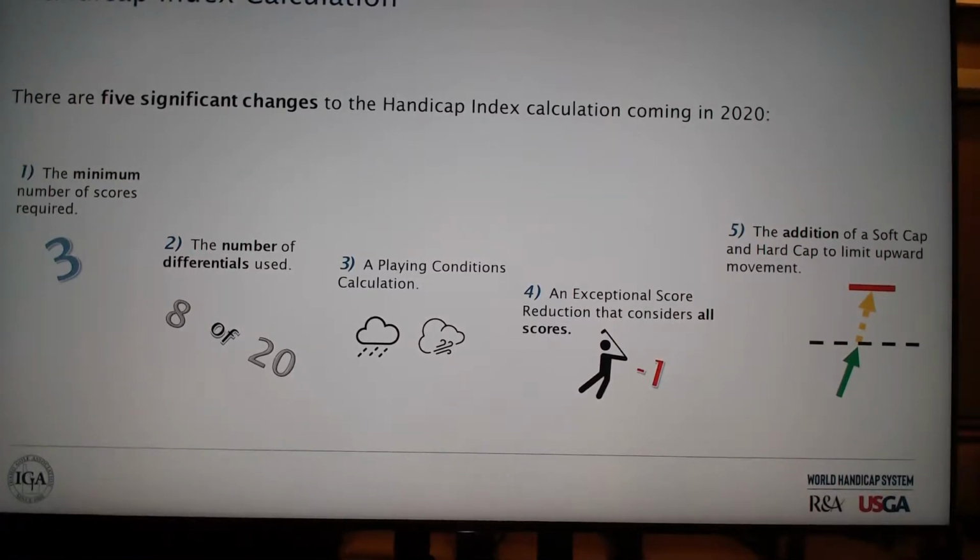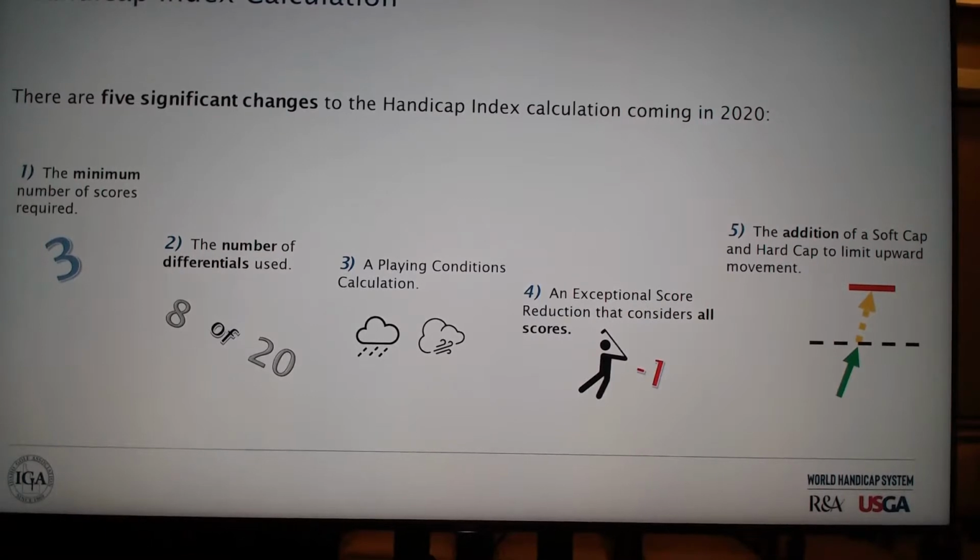Also keep in mind that as a facility, we are checking your score posting. We are doing random checks to make sure that our members are posting their scores regularly based on the rounds that you've played here. And I do encourage you, if you go to another facility and play, to post those scores the same day as well. We need to be members and golfers of honor and integrity.